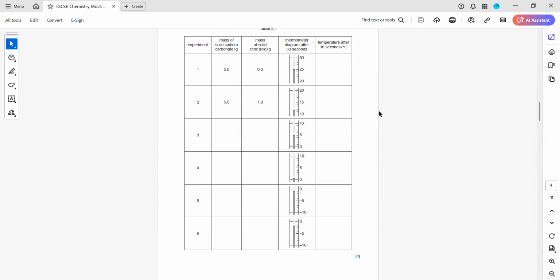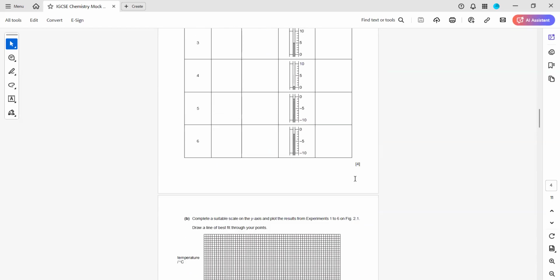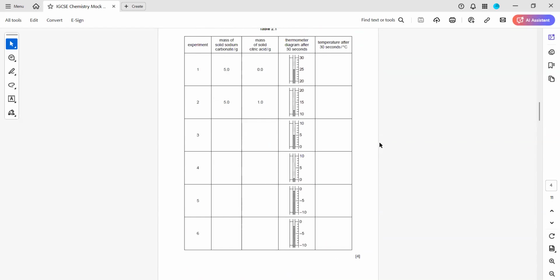Just a minute. The graph is for temperature change against the mass of citric acid, so I will write the values here because I need them to plot the graph. The mass of citric acid: 0, 1, 2, 4, 5, 6. No 3 was there.